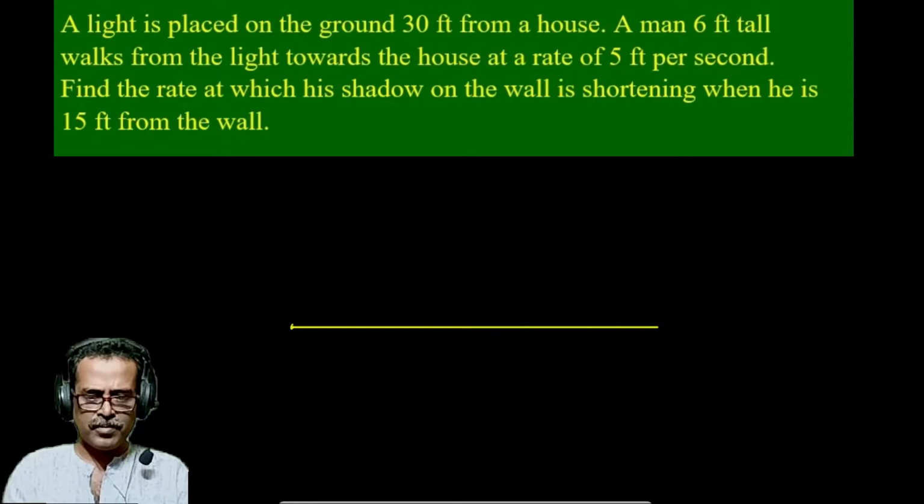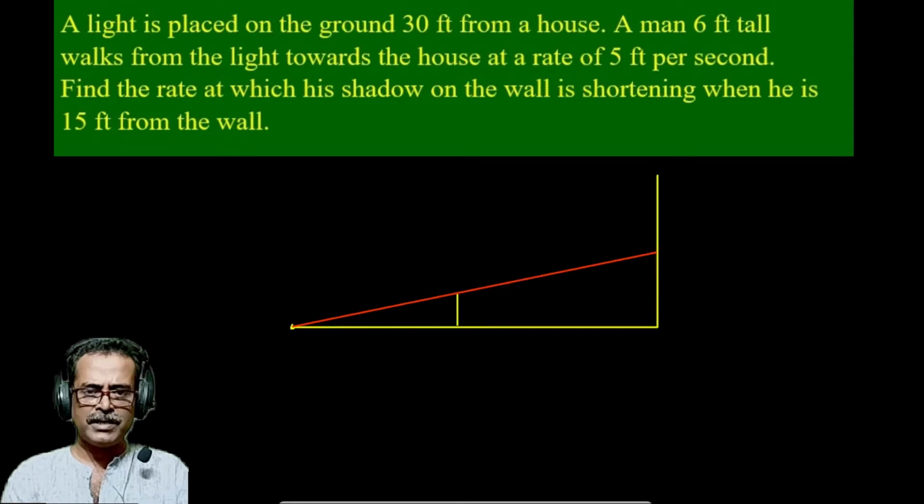This is a source of light, and this is the ball, and this is the man. So the height of the shadow will be this. A light is placed on the ground 30 feet from a house.